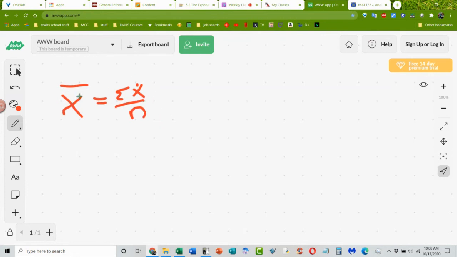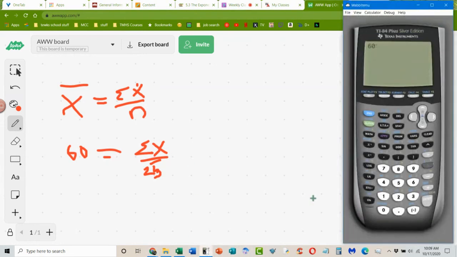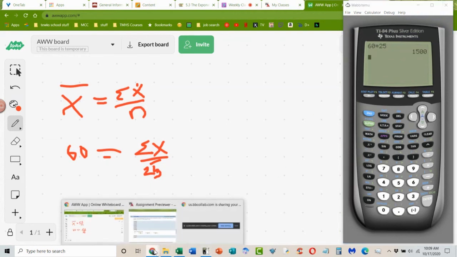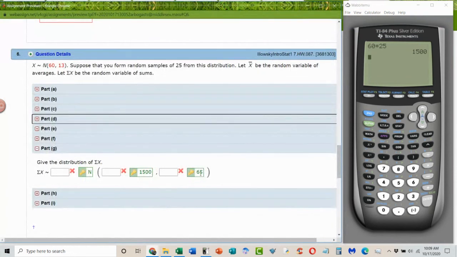If I know the average and I know n, so I know this was 60 and this was 25, I can find the sum by just multiplying these two numbers together. So 60 times 25 is going to give me what the sum was. And remember, these sums will be normally distributed. Get 1500.